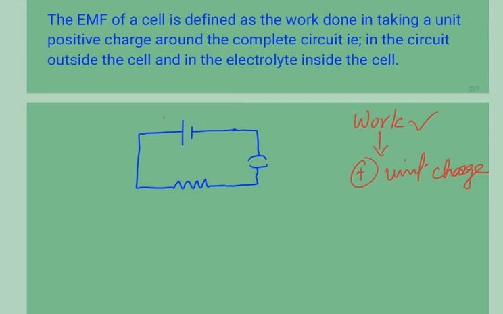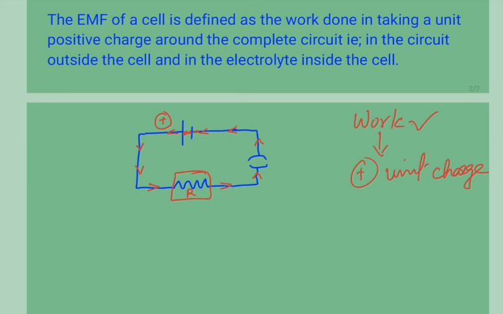So suppose we have a unit positive charge, and I am going to move the unit positive charge throughout the circuit, that is, I am going to make the unit positive charge move through the external circuit. So this is the external circuit in which our device or the resistance is connected. If I want to move the unit positive charge through the external circuit, I have to do some work, isn't it? And when it reaches the cell, the charge will have to move inside the cell, that is, inside the electrolyte.